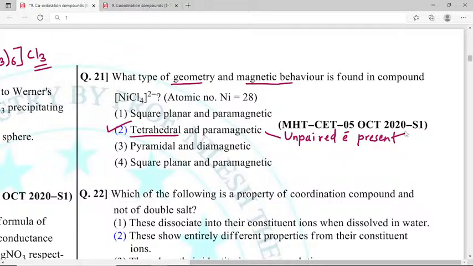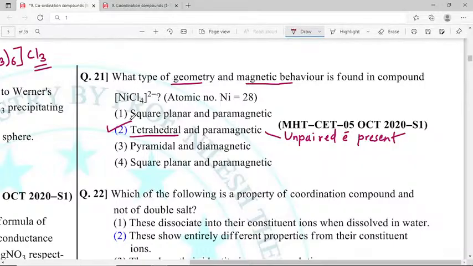And if unpaired electrons are absent, it is diamagnetic. Unpaired electron absent, it is diamagnetic. Unpaired electron present, it is paramagnetic. Straightforward question from your textbook actually. NiCl4 minus. Okay, I am showing here.